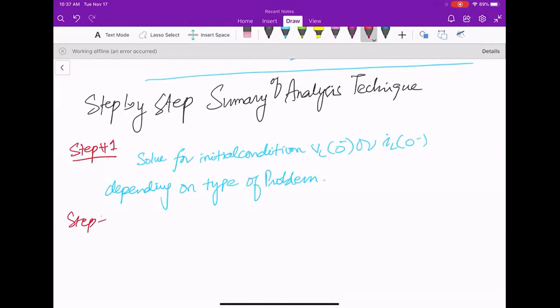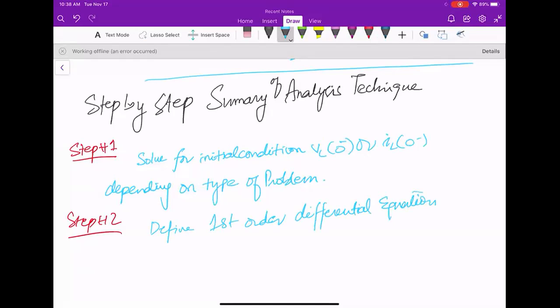Step number 2. Define first order differential equation in terms of state variable VC of t or IL of t.